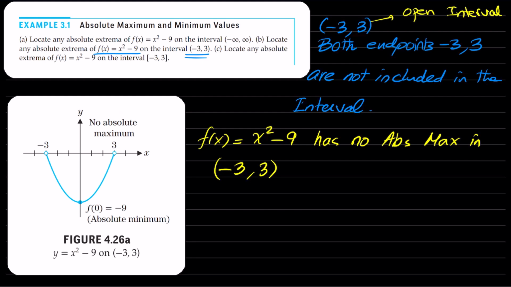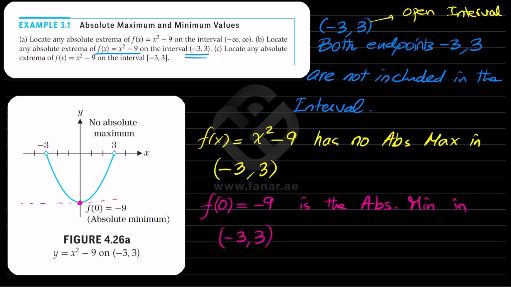Now for the absolute minimum, this is the lowest point, and it is included in our graph. So f of 0, which is equal to -9, is the absolute minimum in the open interval -3 to 3. Again, we need to pay attention to the interval.